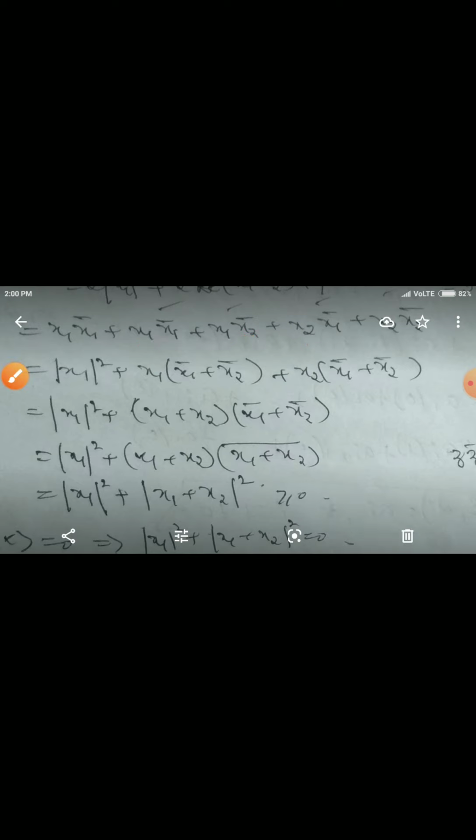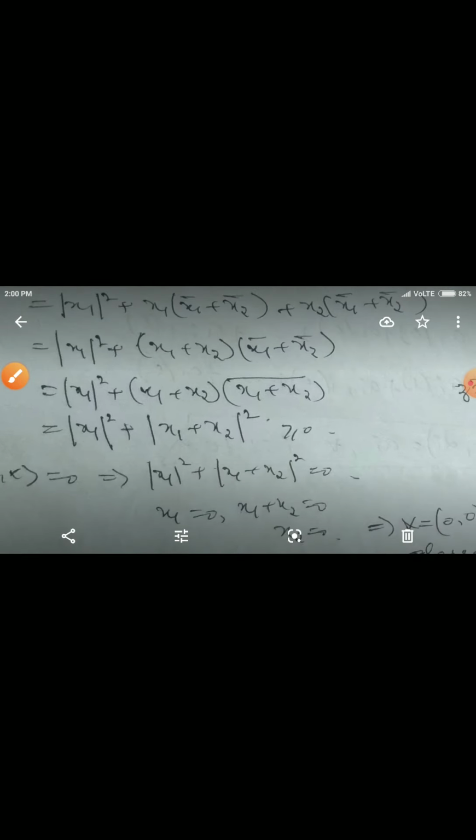So mod x1 square plus x1 plus x2 times x1 conjugate plus x2 conjugate. Once again, this can be written as x1 plus x2 conjugate, whole conjugate. So once again, z bar, what is z bar? Mod z whole square. Similarly here, this is mod x1 square plus mod x1 plus x2 whole square. That is always positive because the square of a number is always positive.